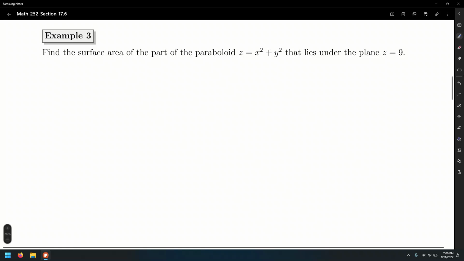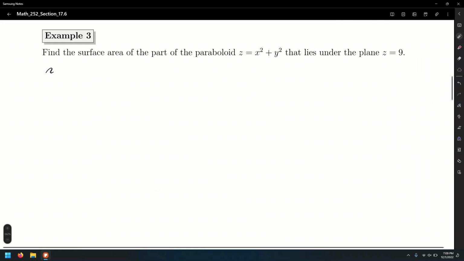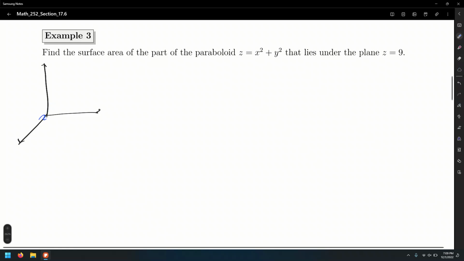So, I'll try my best to draw a paraboloid here. It's going to be like this. And the paraboloid is going to look like this, I guess, right?